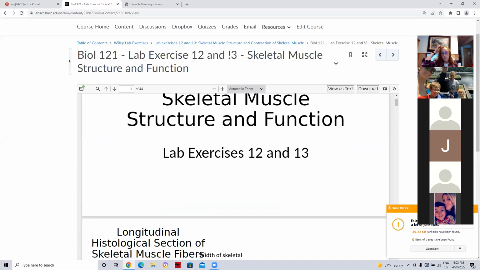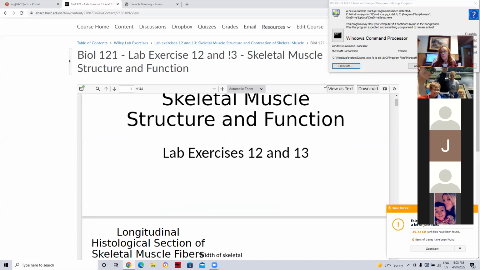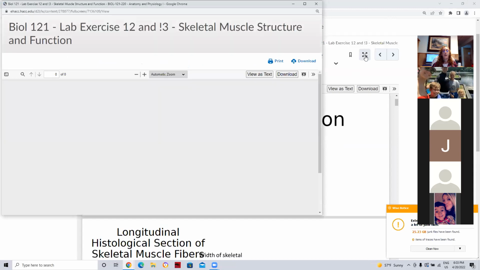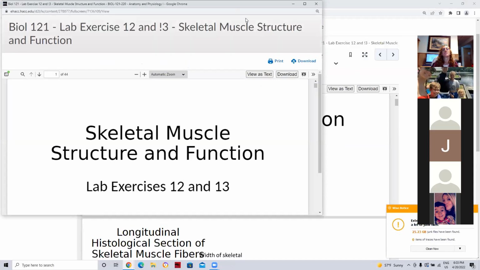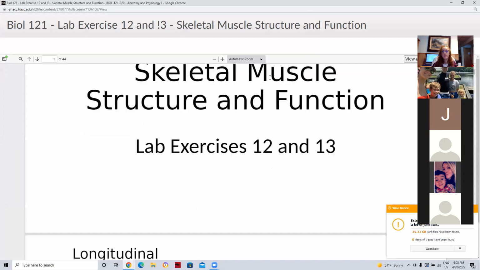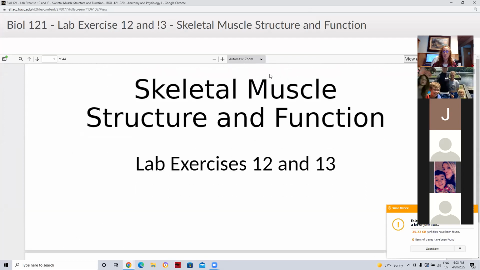So lab exercises 12 and 13: muscular structure and function. Skeletal muscle structure and function.